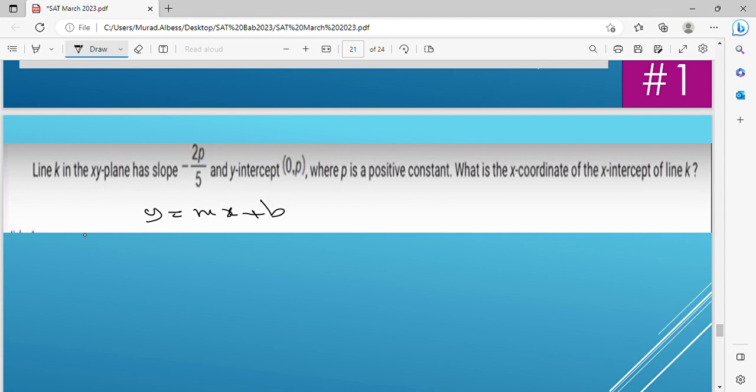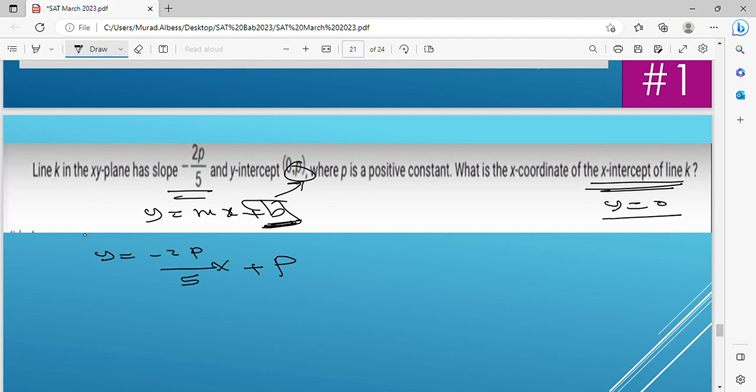The slope here is negative 2b by 5, plus the y-intercept. He told us that the y-intercept here is b. He asked for the x-intercept. X-intercept means that y equals 0. So I replace y by 0.